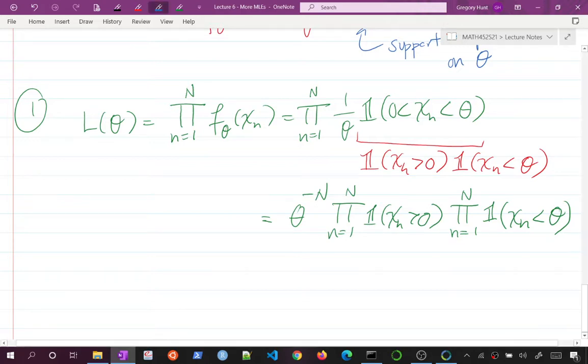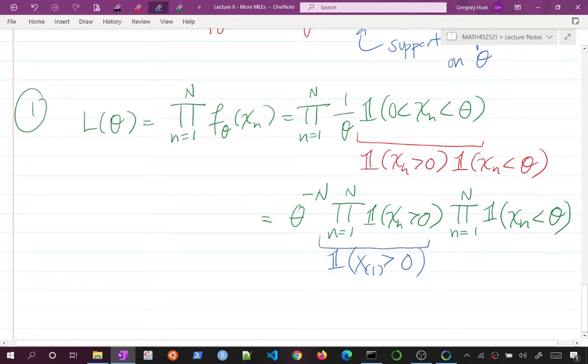So the first one says x1 is bigger than 0, and x2 is bigger than 0, and x3 is bigger than 0, etc., as we saw last time. So this is the indicator that all of them are bigger than 0, which we said last time is the same thing as the indicator that the minimum is bigger than 0. If they're all bigger than 0, the min is bigger than 0. Cool.